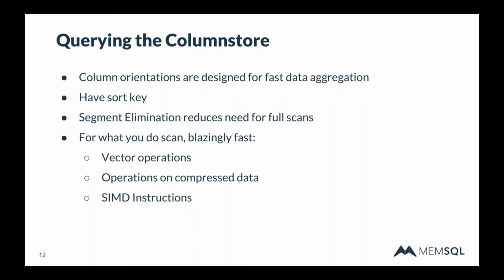So if you have a filter in your query that's on, say, only the data that's less than 1 week old, we don't have to look at the whole table. There's metadata on each column that has the minimum and maximum value for each segment, and we can skip entire segments if we know that nothing in those segments qualifies based on a filter predicate in your query. And we can even do segment elimination through a join.